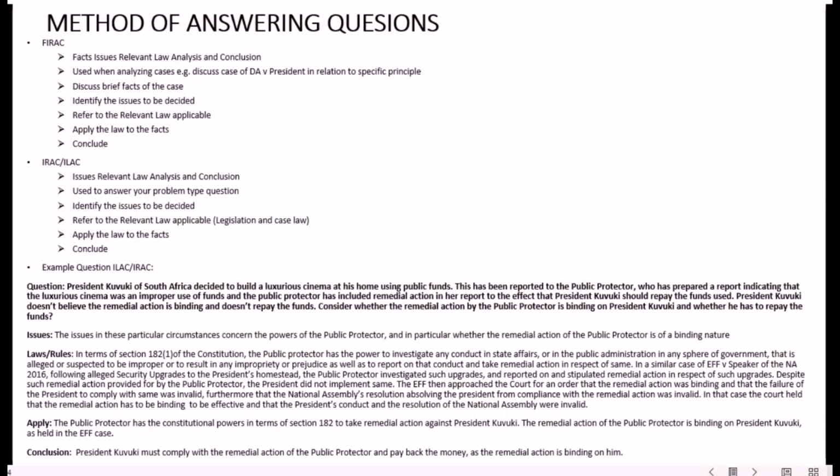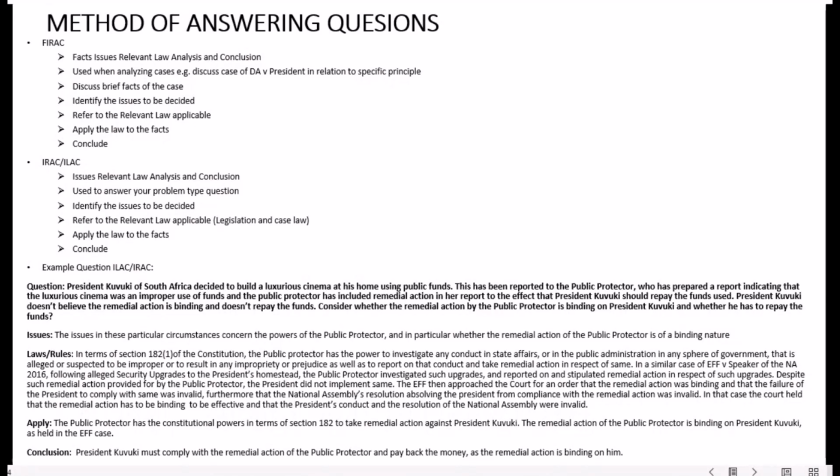This has been reported to the public protector, who has prepared a report indicating that the luxurious cinema was an improper use of funds, and the public protector has included remedial action in her report to the effect that President Kuvuki should repay the funds used. President Kuvuki doesn't believe that the remedial action is binding and doesn't repay the funds. Consider whether the remedial action by the public protector is binding on President Kuvuki and whether he has to repay the funds.